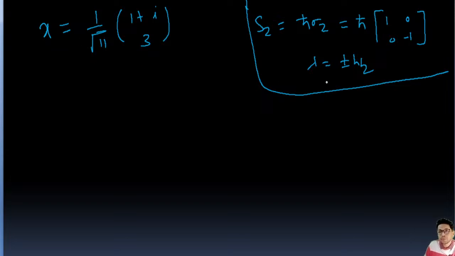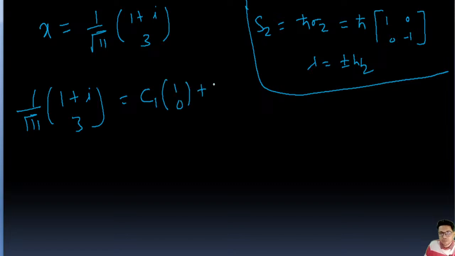So now we need to find the probability of getting plus h cut by 2, and we have been given chi, so we can write it like this, 1 upon root 11 into (1 plus iota 3), because we are measuring sz. We are finding the probability of getting h cut by 2 and minus h cut by 2. So we can write C1 (1 0) plus C2 (0 1).